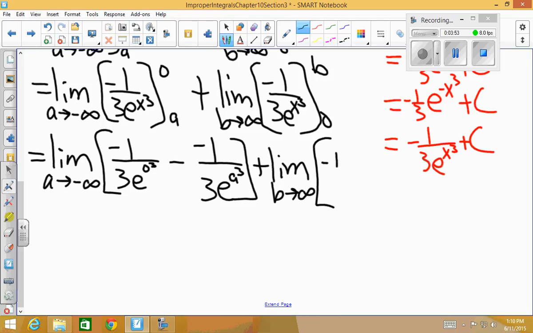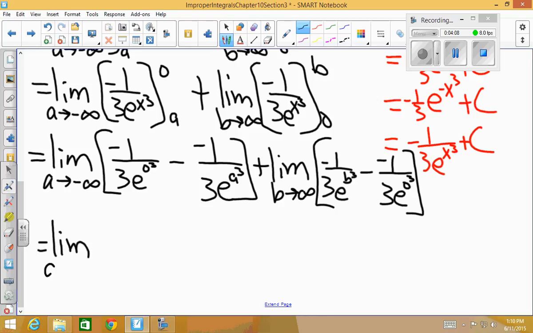That's what the fundamental theorem of calculus tells us to do. All right. So our limit, a goes to negative infinity. 0 cubed is 0. E to the 0 is 1. 1 times 3 is 3. So this becomes negative 1/3. The two negatives make a positive.